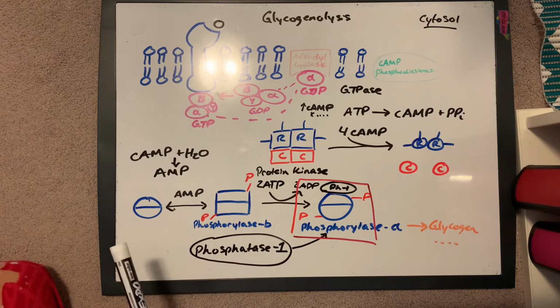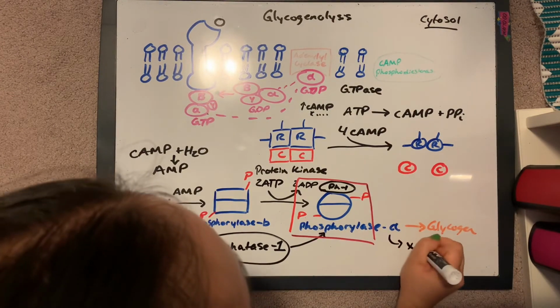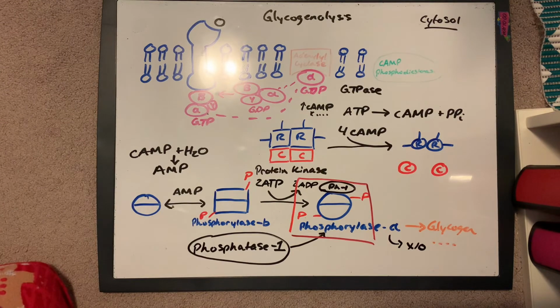But the problem is that phosphorylase A exists at 10 times the amount of phosphatase. That means that if all the phosphatase 1 is bound to the phosphorylase A, there will still be 90% of the phosphorylase A being active and still carrying on this reaction.